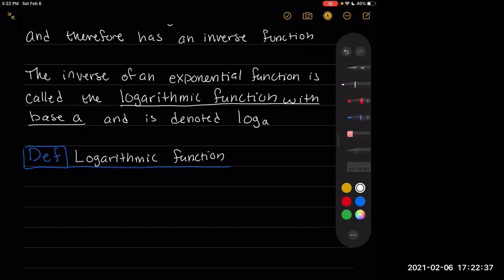So let a be a positive real number with a not equal to 1.